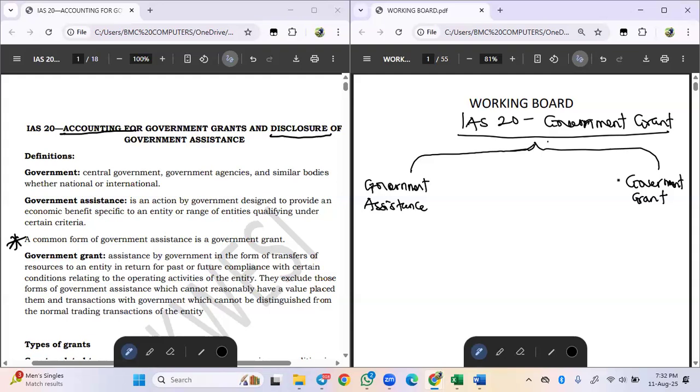With the government grant and the government assistance, you are saying that this includes all forms of support, whether in kind or in the form of transfer of economic resources.